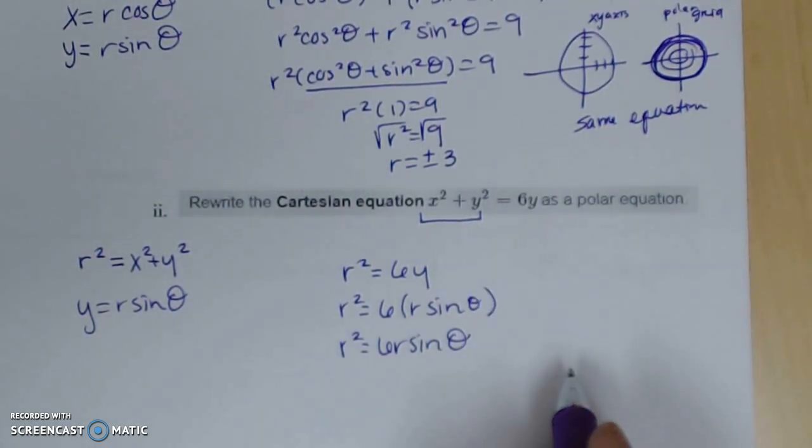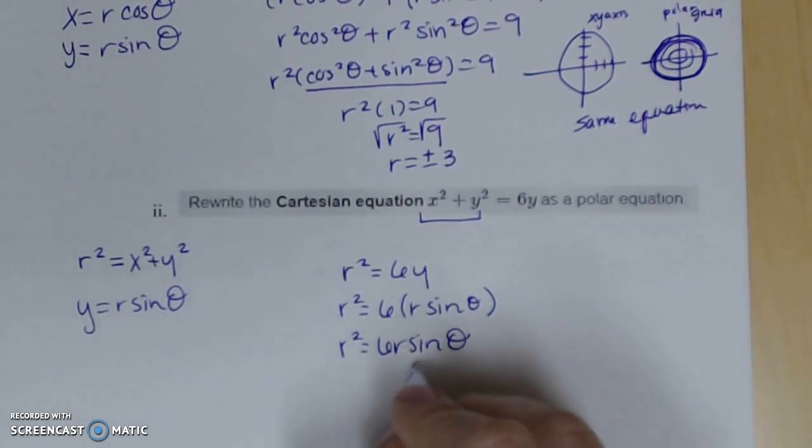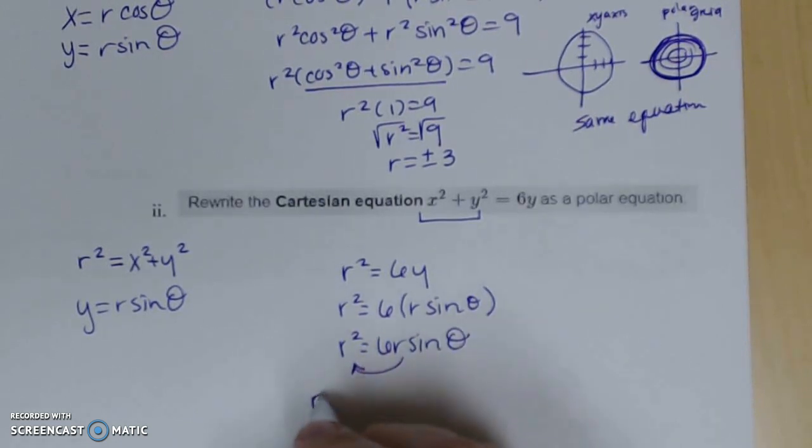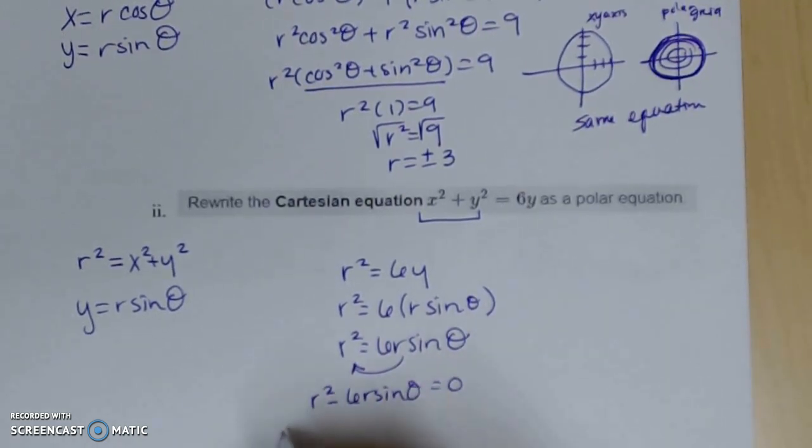I need to solve this out. And so this gives me, let's see, I can move this over here. So I have r squared minus 6r sine theta equal to 0. Factor out your r. And then because I have r times something to give me 0, I could say, well, r could be 0, or r minus 6 sine theta could be 0.